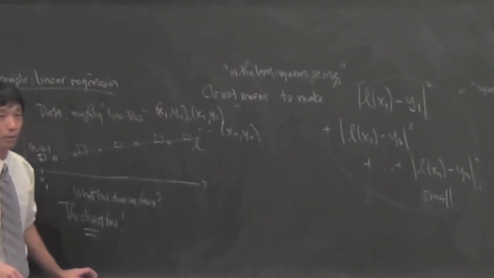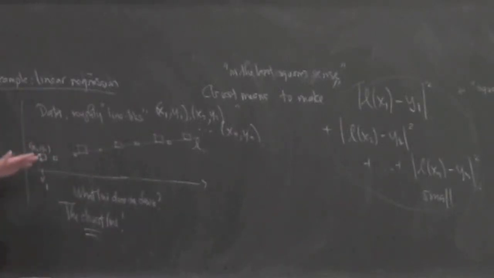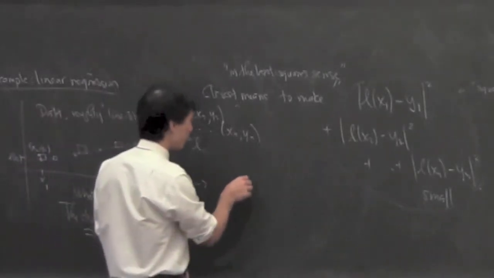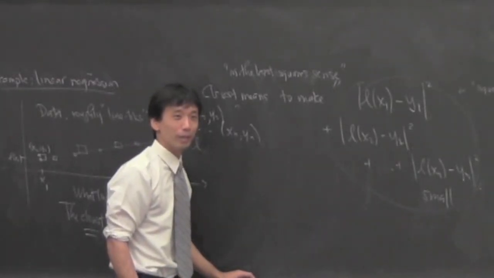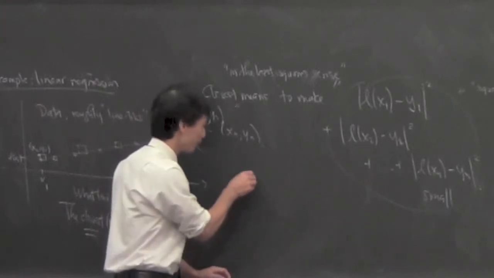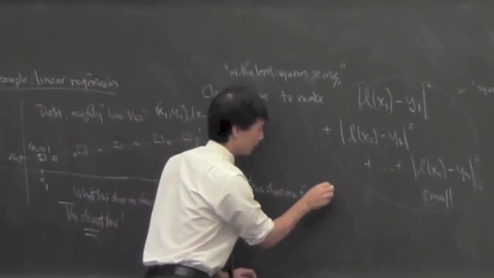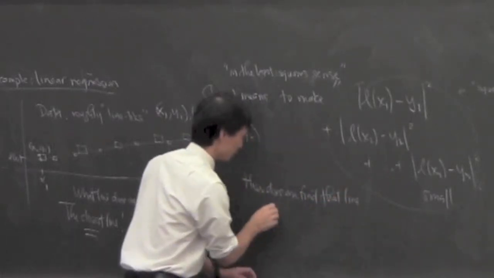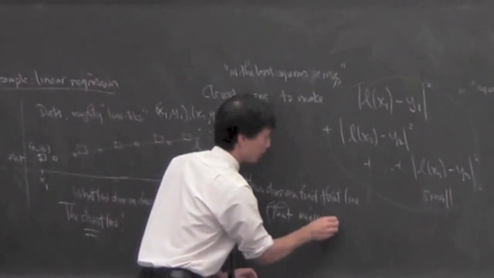That line is called the line of regression, and it's the line people use in science when approximating roughly linear data. So the question, of course, is: how do you find the line that minimizes this error?